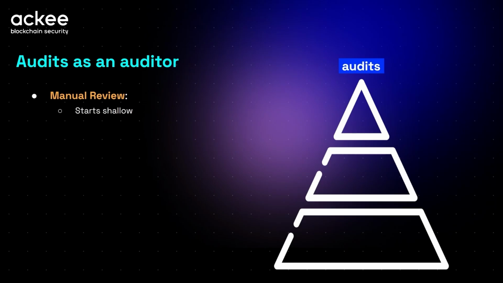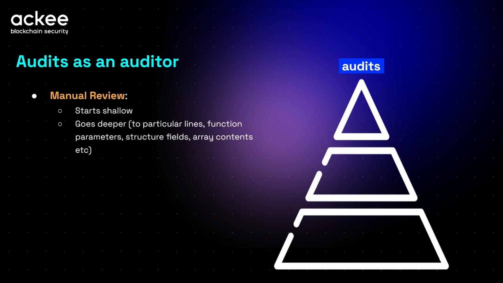So again, you go through the code base, which should be well structured, and you go deeper to particular lines, to particular functions, parameters, structure fields, even array contents. Let's say your smart contract expects a byte array on its input, and you need to investigate all of the possibilities that can be within each index of the array.